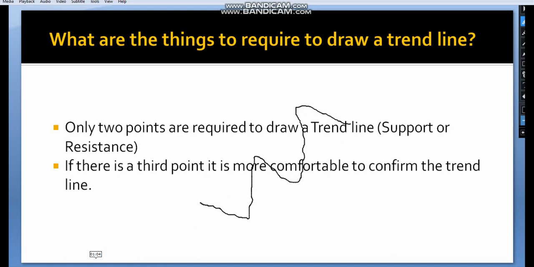So this is called trend line in the resistance. Like that, if you want to draw a trend line in the support point, this is a support point. I'll show you in another way.